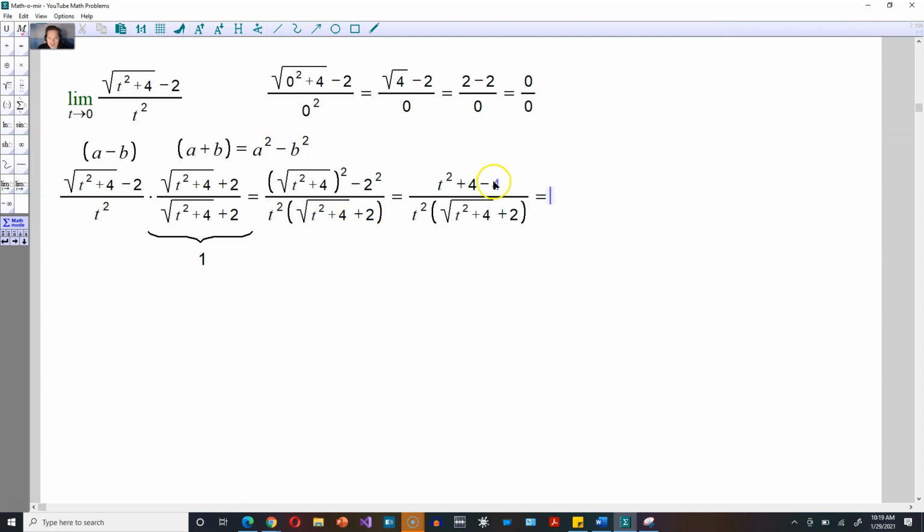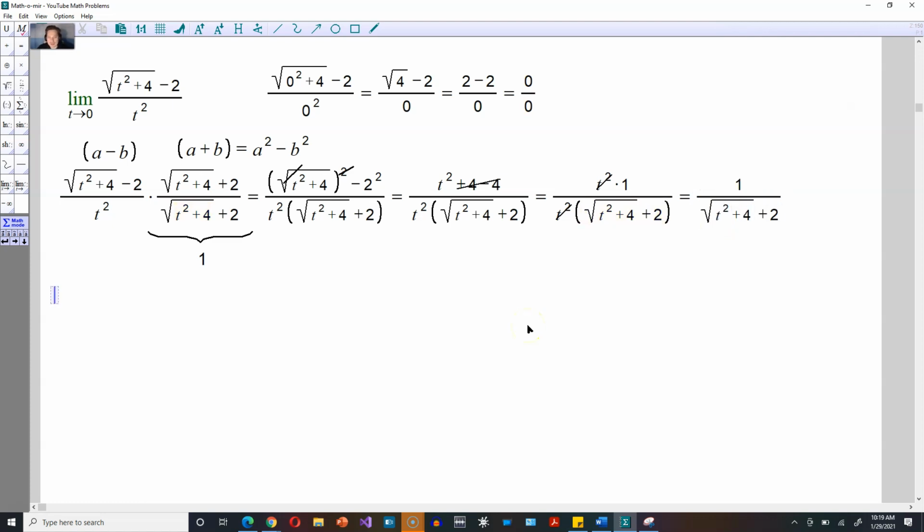On the top, the negative 4 and the positive 4 cancel off, leaving only t squared. Remember, on the top, t squared is really t squared times 1, which means it can be cancelled with the t squared on the bottom, and that leaves as your expression 1 over the square root of t squared plus 4, and then plus 2.